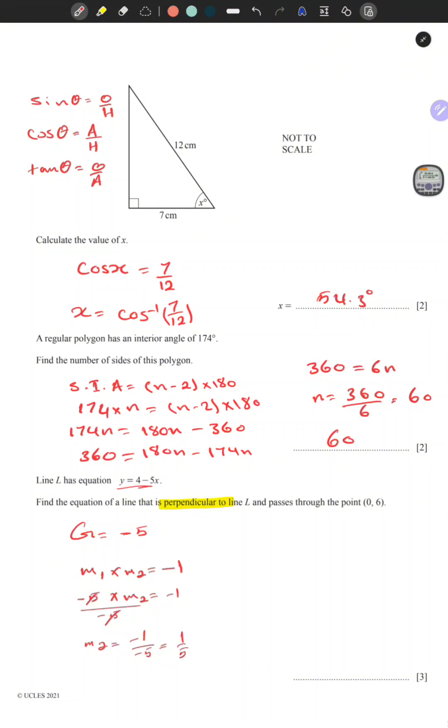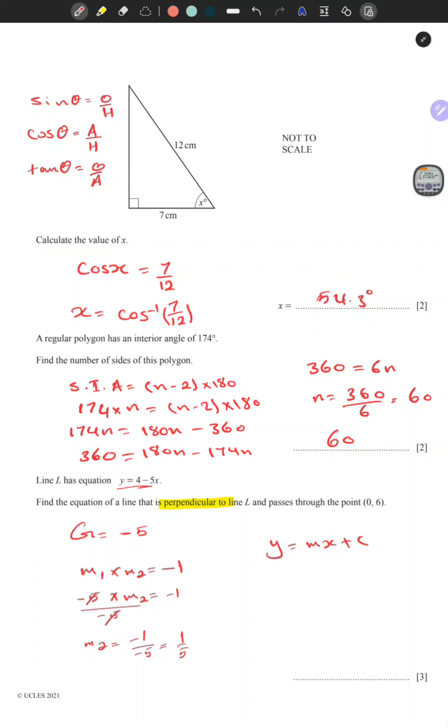And then I will just substitute the coordinates of the point for y and x, so I can find the equation. Say y is equal to mx plus c. This is the general rule for finding the equation of a line.